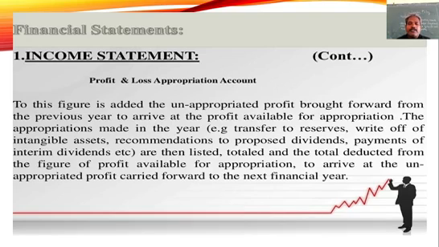The appropriations made in the year, for example transfer to reserves, write-off of intangible assets, recommendations of proposed dividends, payment of interim dividends, etc. These items are posted on the debit side of the profit and loss appropriation account, then listed and totaled, and the total is deducted from the profit available for appropriation to arrive at the unappropriated profit carried forward to the next financial year, to the balance sheet, right?